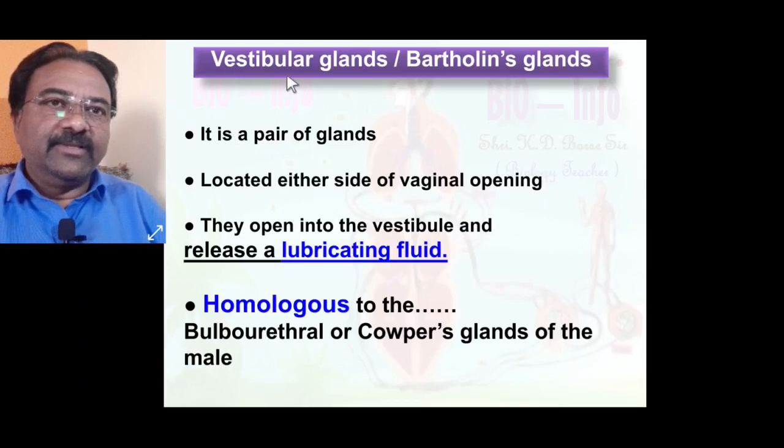So vestibular gland or Bartholin gland is homologous to bulbourethral or Cowper's gland of the male. Here we discussed the first gland of the female reproductive system, the pair of vestibular glands or Bartholin glands.